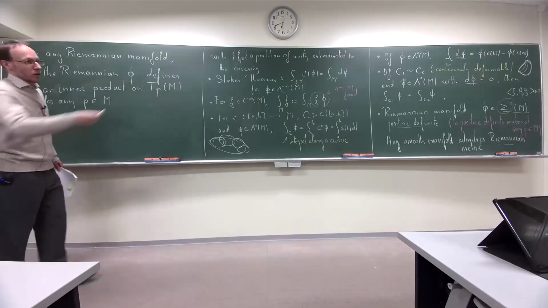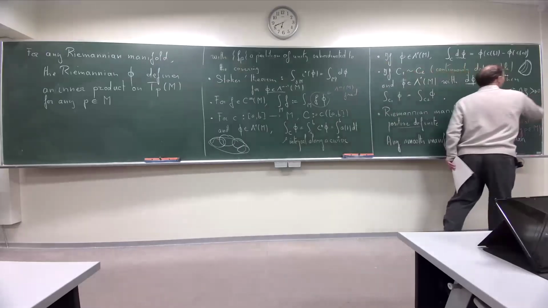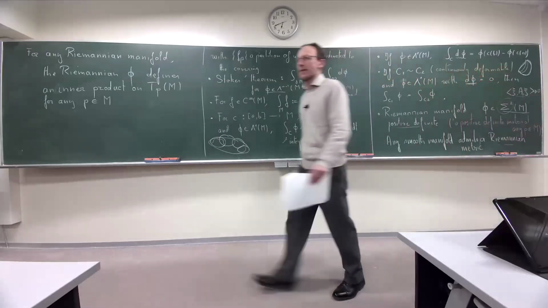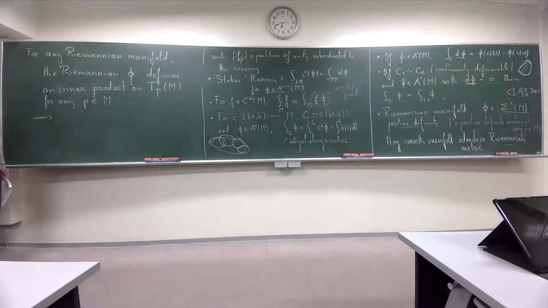What is an inner product? It's precisely a map like this, which is positive definite. This is a generalization of the inner product. But what does it imply? Linear algebra: whenever you have an inner product, you can construct a basis which is also orthonormal.